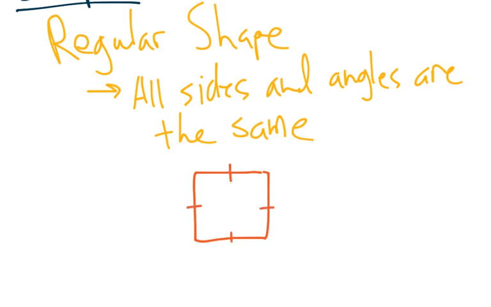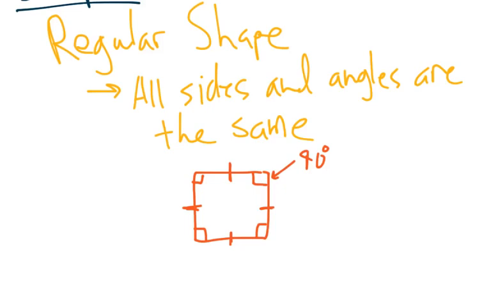Now in geometry notation, we put a line through something, and anything that has this line through it is considered to be the same as any other thing with that line through it. So all those sides are the same. And with a square, you have a right angle, and to show a right angle, or an angle that is 90 degrees, we try to make it look like a square down there. That means this is 90 degrees, and if that shape is there, they all have 90-degree angles.